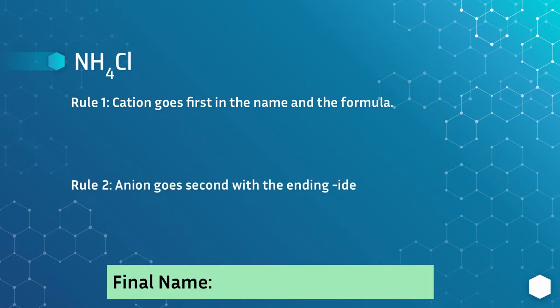Let's try an example. Okay. Rule number 1, the cation goes first. So our cation here is a polyatomic ion, and so it's ammonium. And then rule number 2, the anion goes second with the ending IDE.